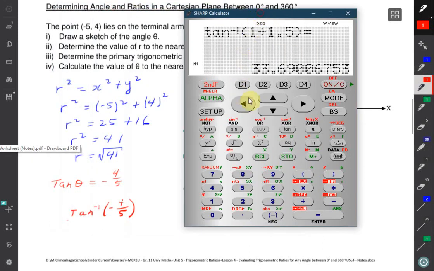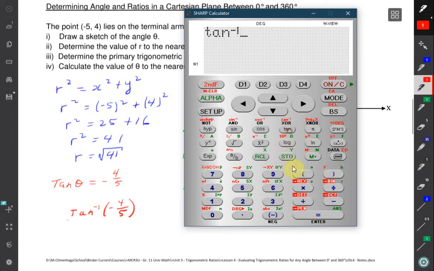Coming here and calculating, second function tan minus 4 divided by 5 equals minus 38.7. That's an acute angle.